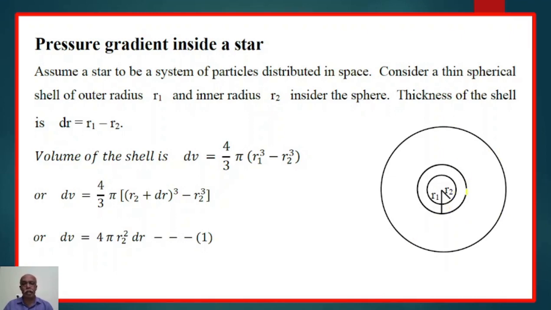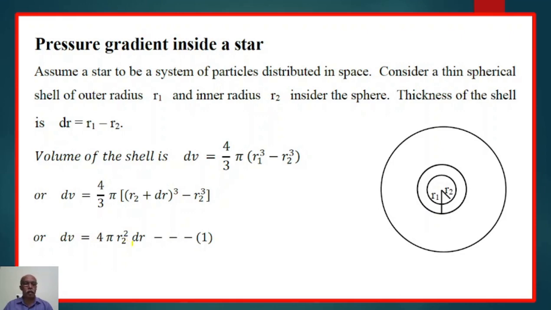The volume of this shell is given by the expression dV is equal to 4/3 pi (R1 cube minus R2 cube). In place of R1 we write R2 plus dr, and therefore it becomes (R2 plus dr) whole cube minus R2 cube.